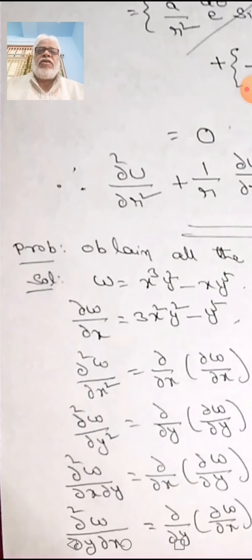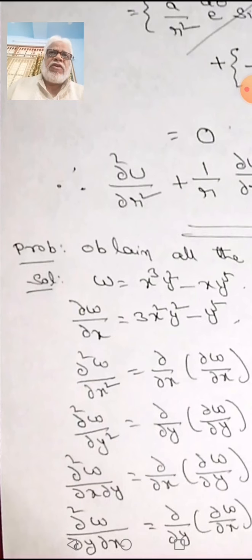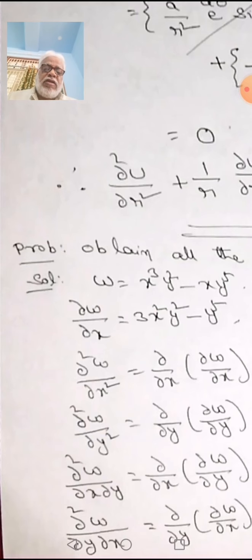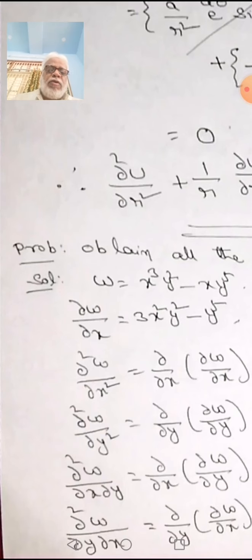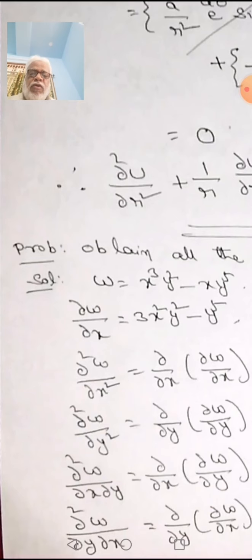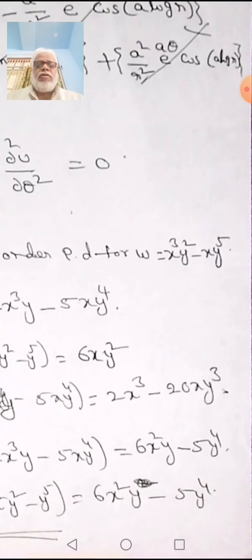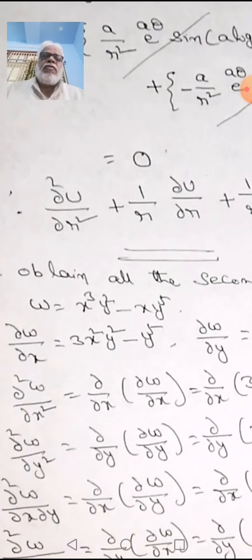If they ask to find all first order derivatives, we just find ∂w/∂x and ∂w/∂y. For second order, we definitely find these four terms: ∂²w/∂x², ∂²w/∂y², ∂²w/∂x∂y, ∂²w/∂y∂x. These are partial differential equations solved using Euler's theorem. Okay, thank you.